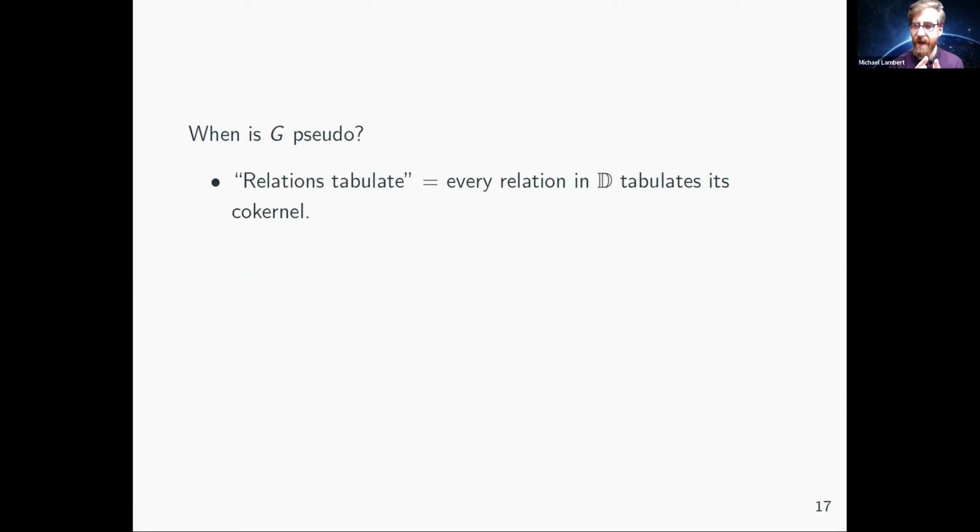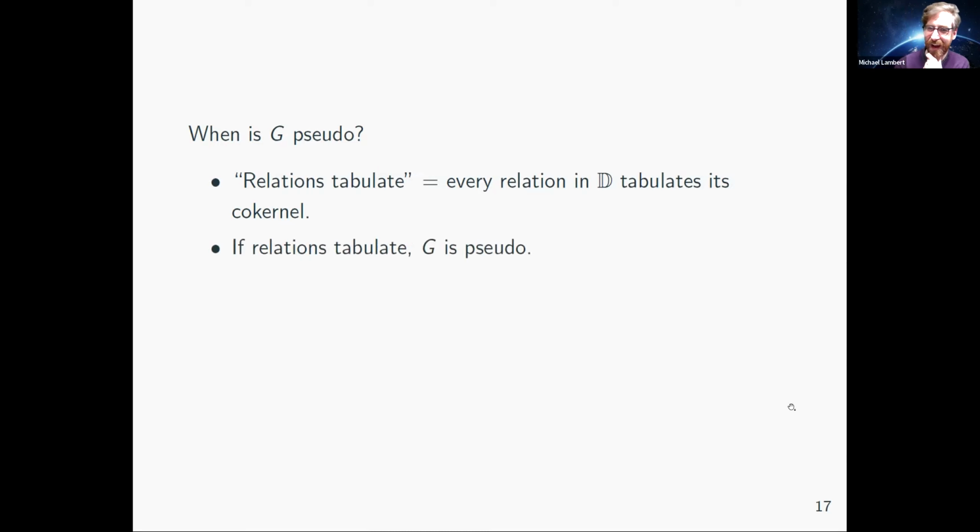Ordinarily, it's just lax. If there's this very strange condition, I'm calling it relations tabulate. And basically this is just saying that if you have a relation, just an ordinary relation, a jointly monic arrow in D, you ask that that's the tabulator of its co-kernel.